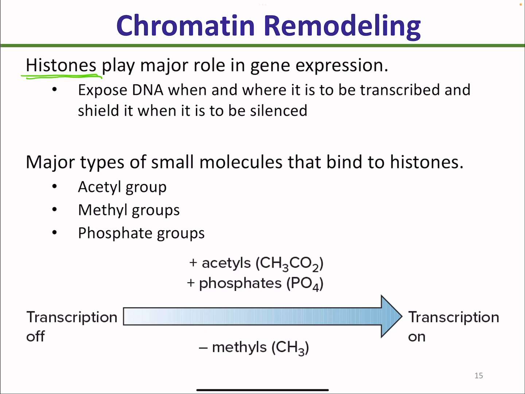So, for these histone molecules to move, a few things can happen to them. One is acetylation, the addition of an acetyl group, that is CH3CO. All right? So we have acetylation of histones, we have methylation of histones, and we have phosphorylation of histones.